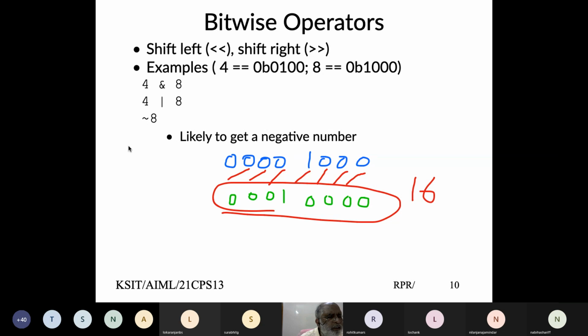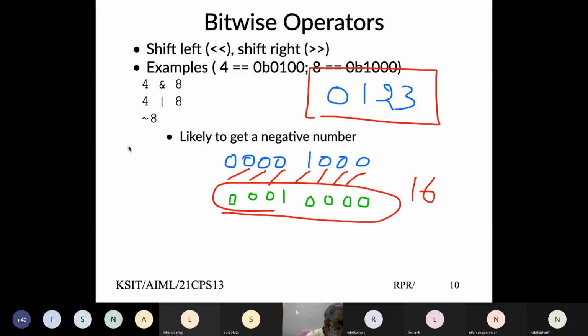We look at the octal representation: if the first digit is 0, and I write the number 0, 1, 2, 3, what would this be in decimal? Octal means using 8 values, 0 to 7. So this corresponds to 8 power 0, this to 8 power 1, this to 8 power 2, this to 8 power 3.